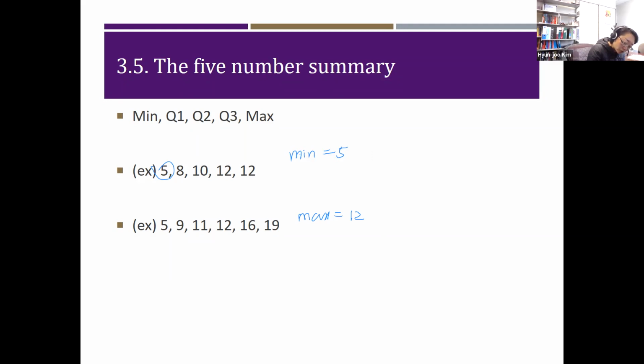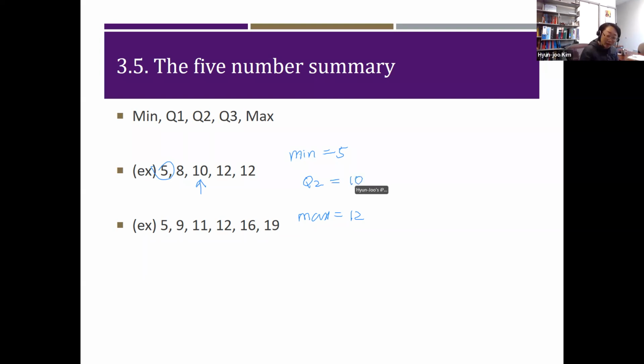But anyway, Q2 is the same as the median, right? So the median was the middle value once you order it, and conveniently, this data set is actually ordered already. So if you look at these numbers ordered, the middle value is 10. So your Q2 median will be 10.